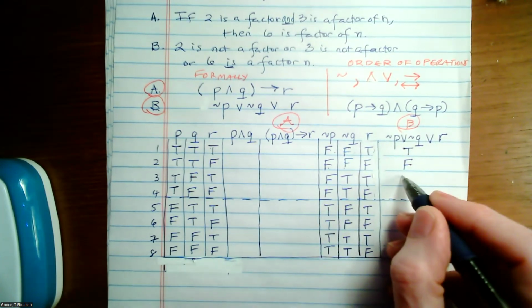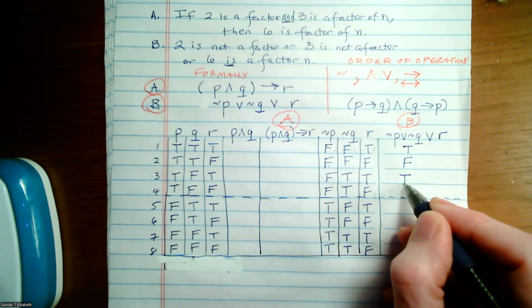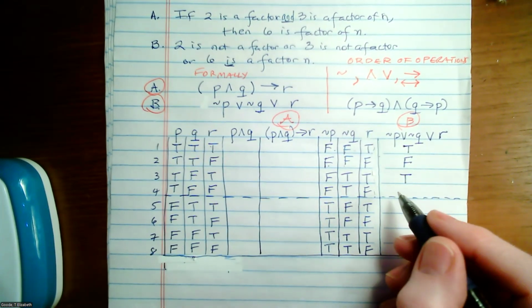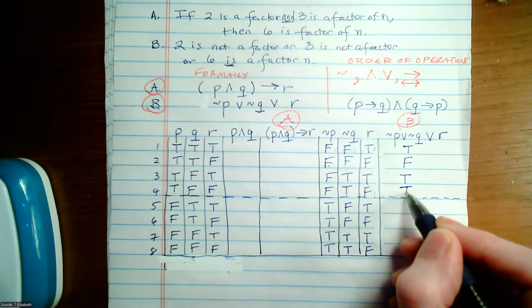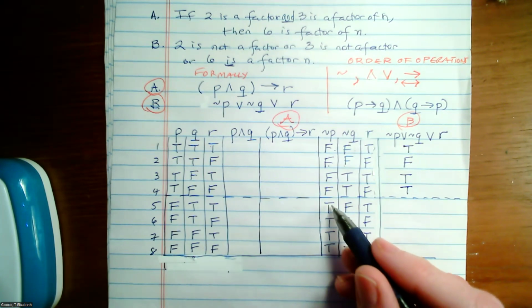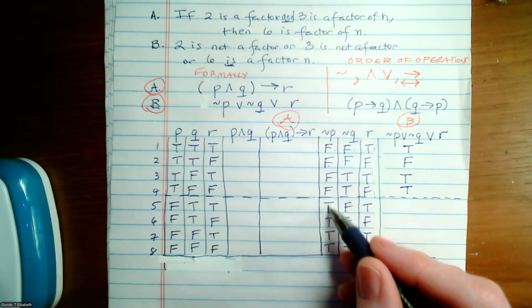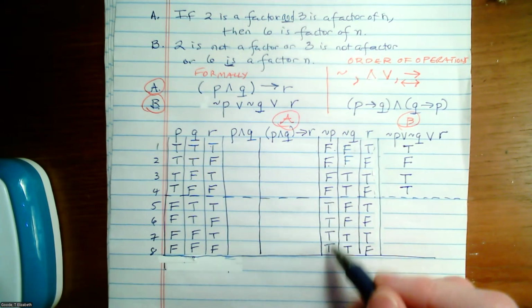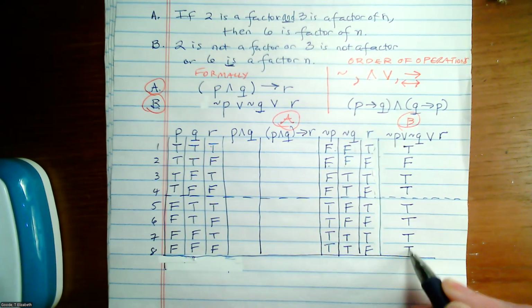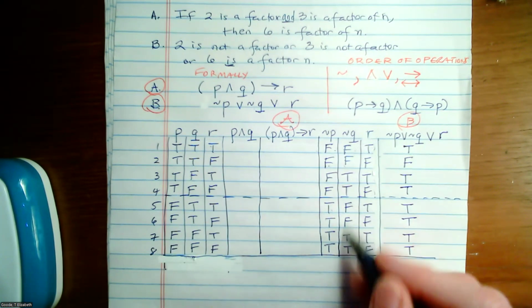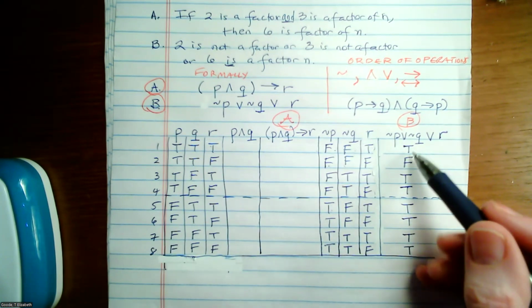Not Q and R are true, so it's true. Not Q is true, so it's true. Exactly. And look, not P is true in rows 5 through 7. So it's all true. Yep, because we see the truths right here. It's fine if there's some extra ones.